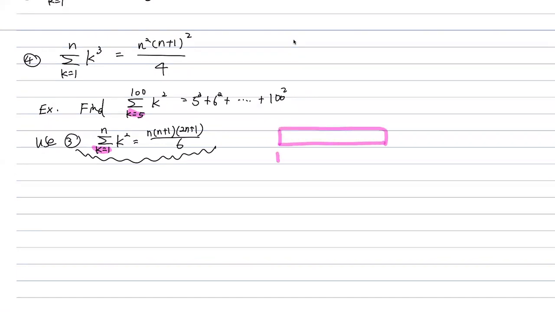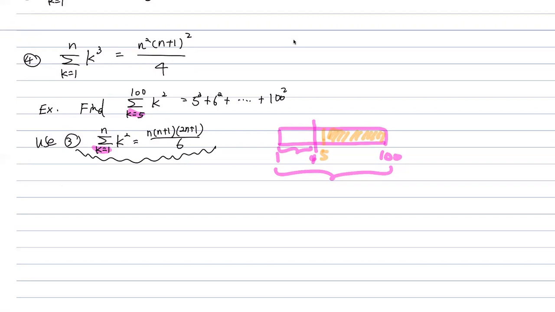And then, since I'm looking for 5 to 100, I can use 1 to 100 and subtract this 1 to 4. If I do 1 to 100 and subtract 1 to 4, then I will get 5 to 100.